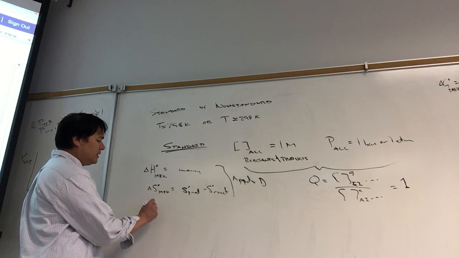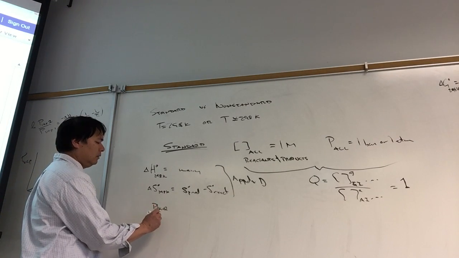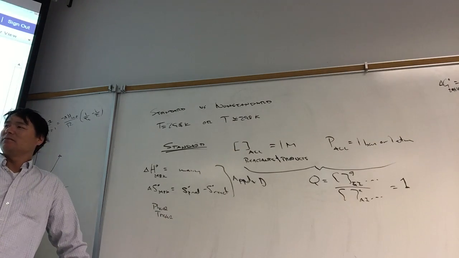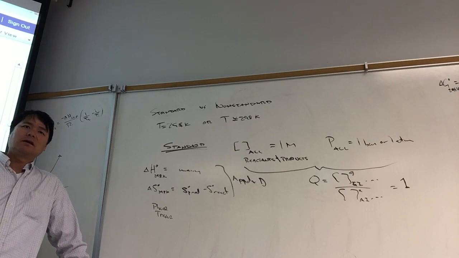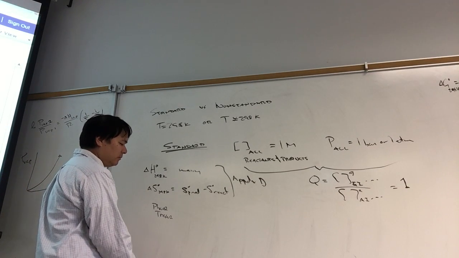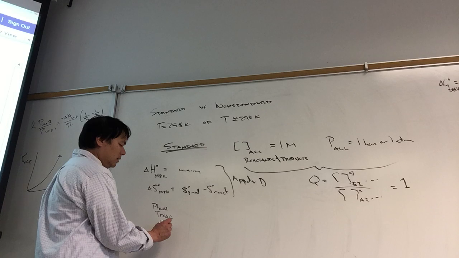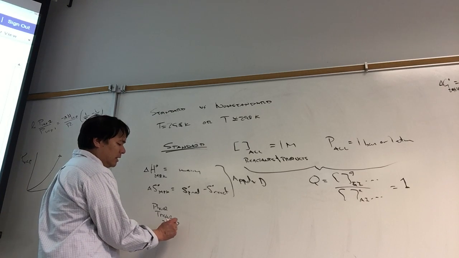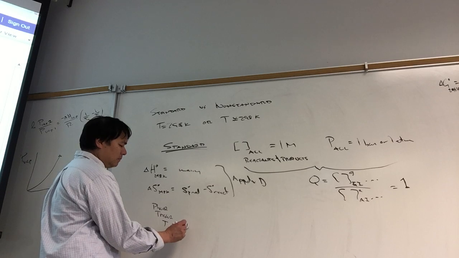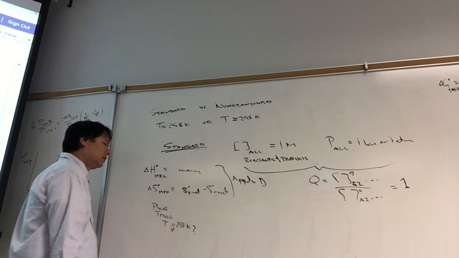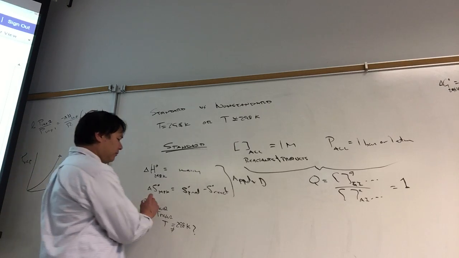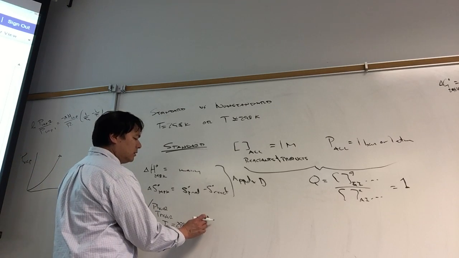So for example, for phase transitions, is the phase transition at 298? If the phase transition is at 298, then it works out quite nicely. But the phase transition temperature might equal 298 or might not equal 298.